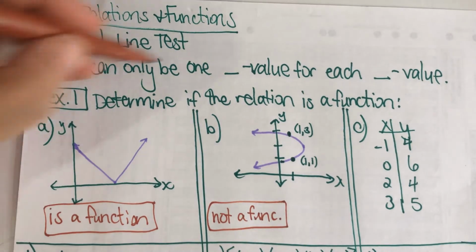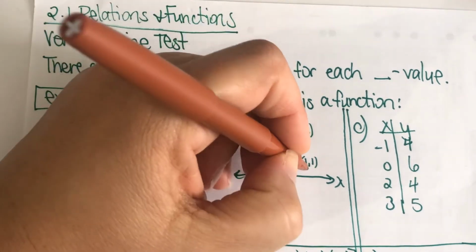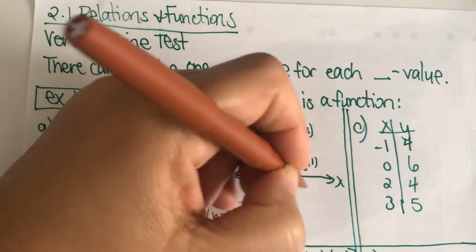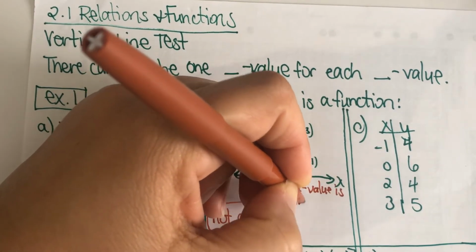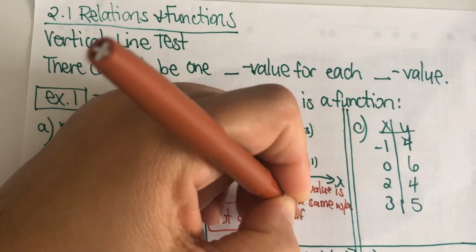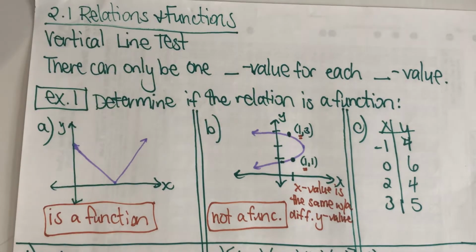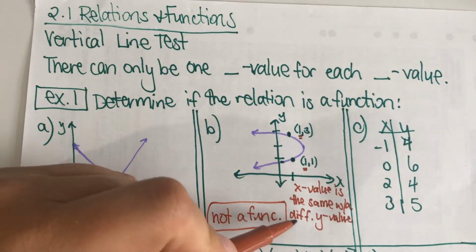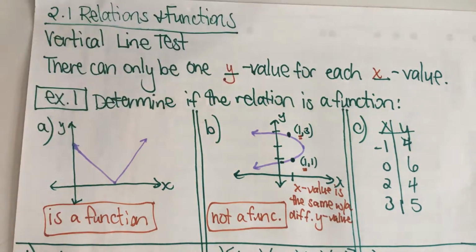And I want to have a visual to fill in this blank here. So you'll notice here that for each of these points, the x value is the same with a different y value. And that fails. So the different y value is what's making it fail. There can only be one y value for each x value.